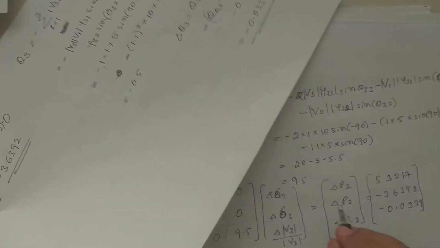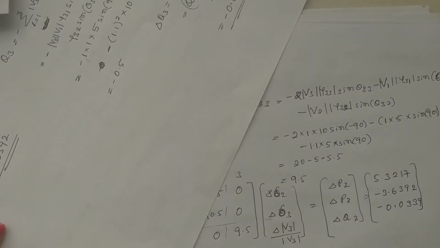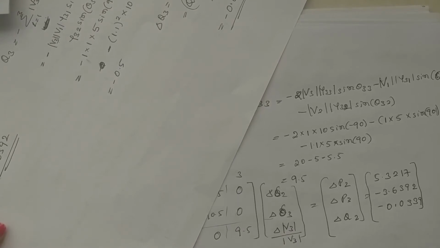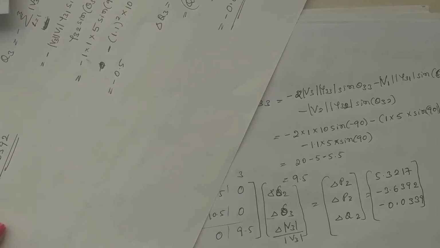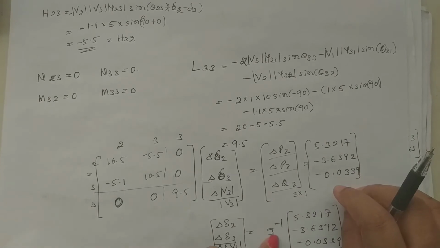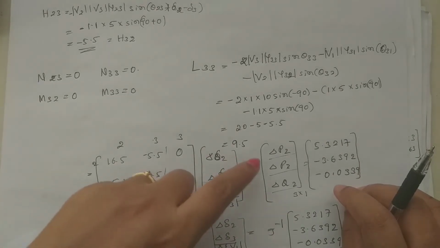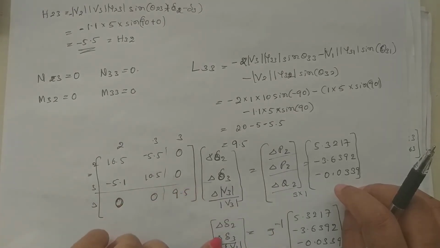So we have to find out the value of Δδ2, Δδ3 and ΔV3 divided by V3. So the inverse of the Jacobian into ΔP2, ΔP3, ΔQ3 gives the value of Δδ2, Δδ3, ΔV3.